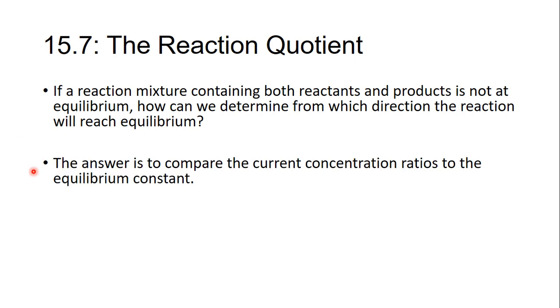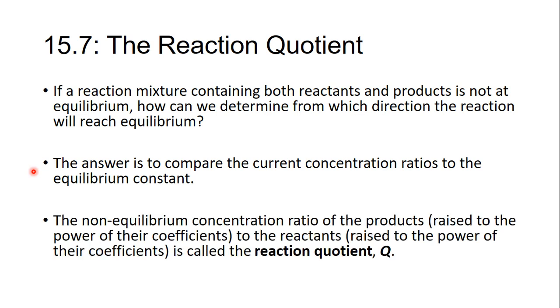The idea is we have to compare our current ratio of concentrations to our equilibrium constant, or our equilibrium ratio. The non-equilibrium concentration ratio of products to reactants is Q. Another way to think of Q is that it's the same equation as K, you're just not at equilibrium.